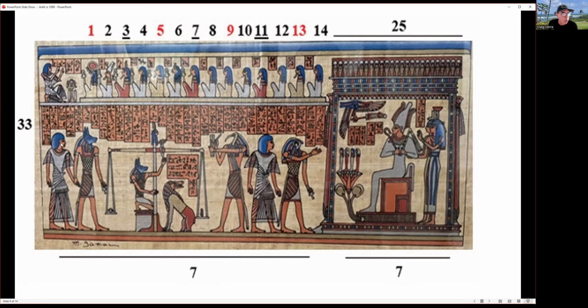This is Hunefer, or Ani, here. You see there's a weighing going on. There's a scale. Anubis appears twice. There's a heart, and there's Maat's feather. The idea here is that if you lived an excellent life, and you were kind to other individuals, your heart will be lighter than a feather.